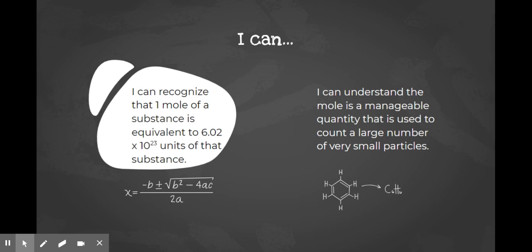By the end of this video today, you'll need to make sure you can recognize that a mole of a substance is equivalent to 6.02 times 10 to the 23rd units of that substance. And you also will need to make sure you understand that the mole is a manageable quantity that is used by scientists to count a large number of very teeny tiny small particles.